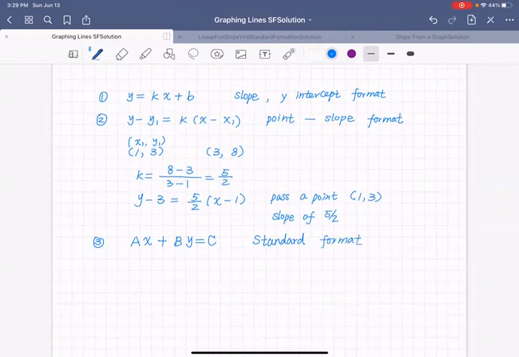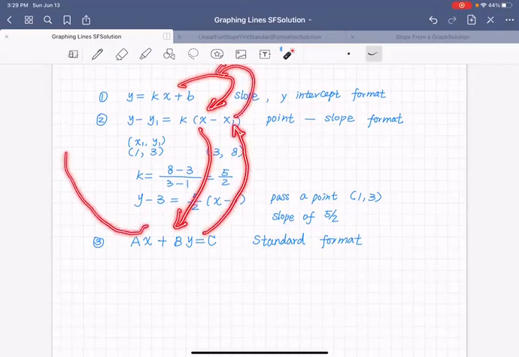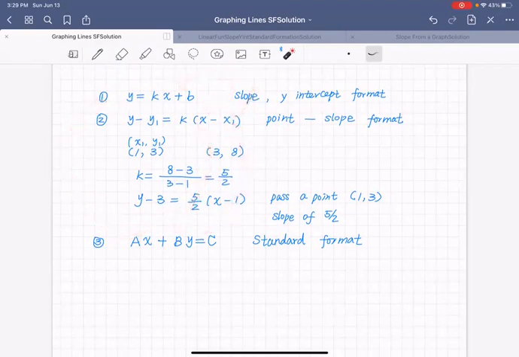This is standard format. This guy can change to this guy, this guy can change to this guy, and this can also go there. So those 3 different formats are convertible to each other.